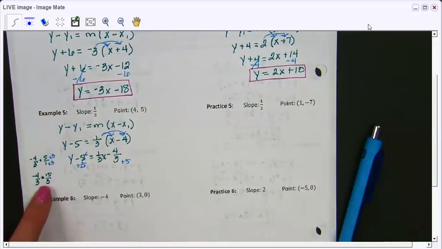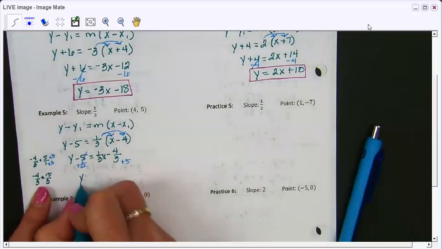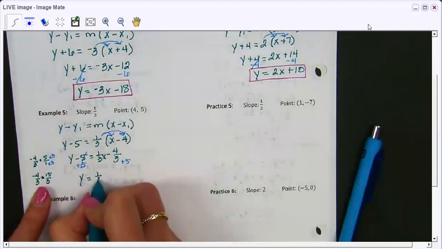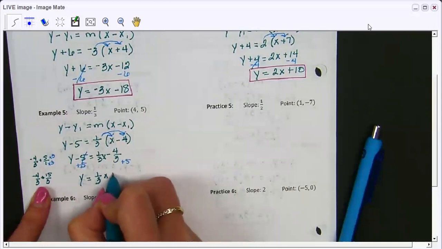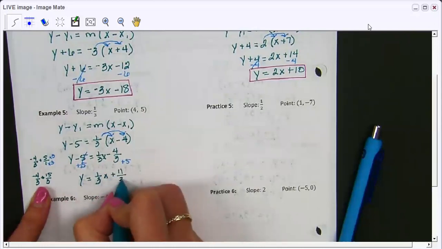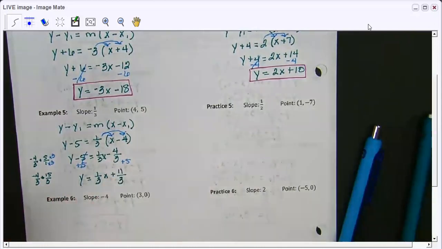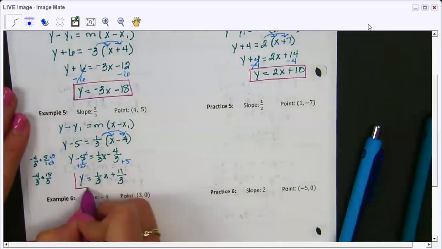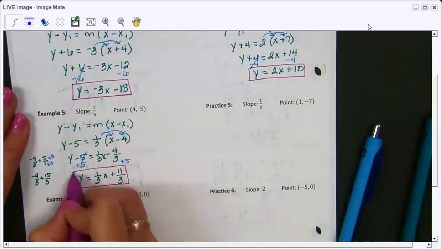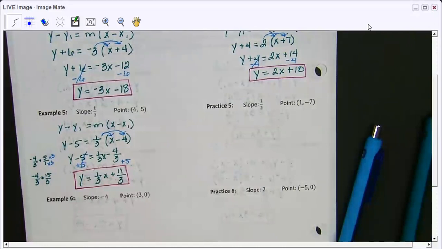And that gives me 11/3. So we're going to be doing some fraction work here.